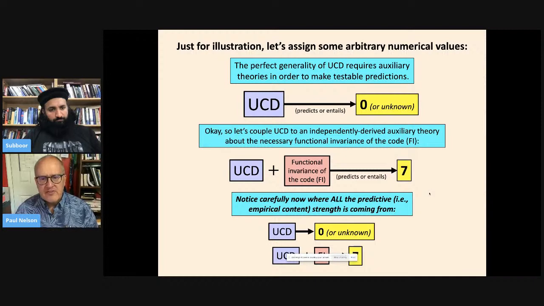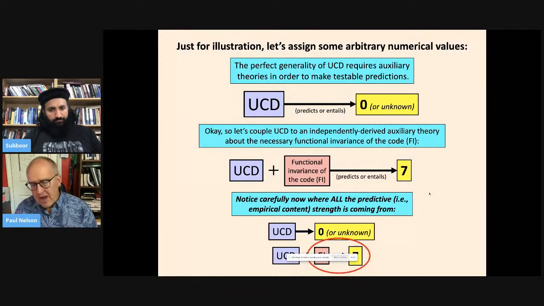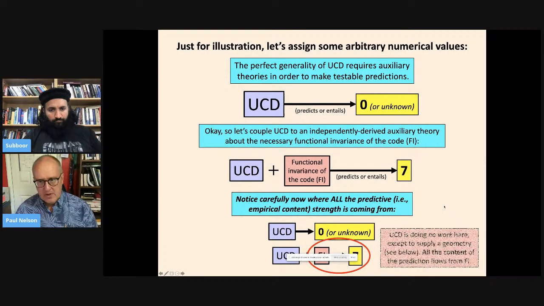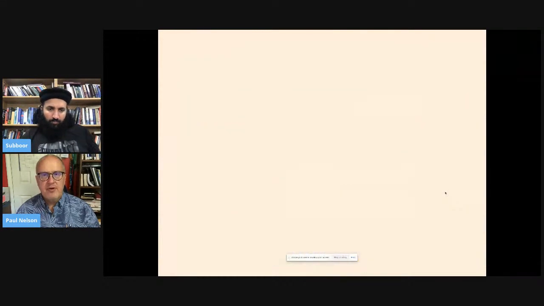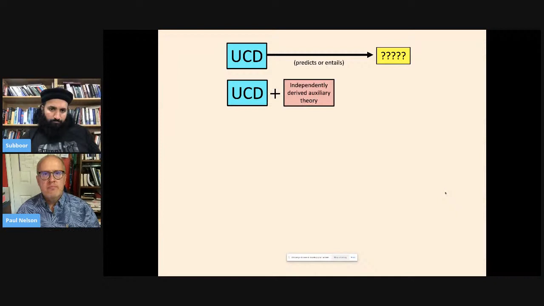In this case, it derives from the theory of functional invariance, because without that, we don't know what we're predicting, which means that universal common descent is actually doing no work here for us except to supply a geometry. So we will say more about that geometry in just a moment. All the content flows from the theory of functional invariance.